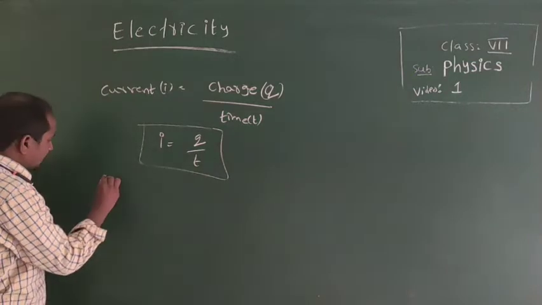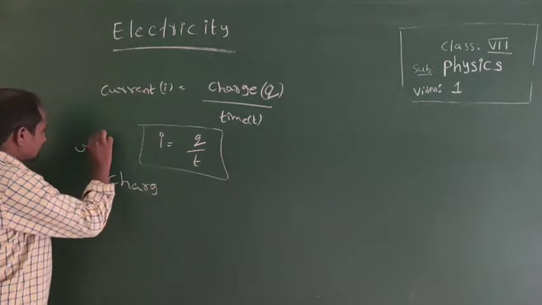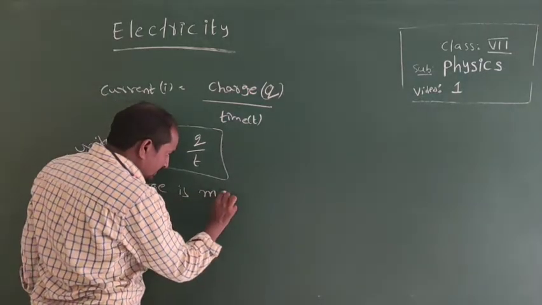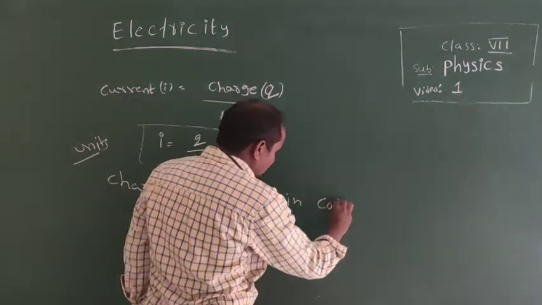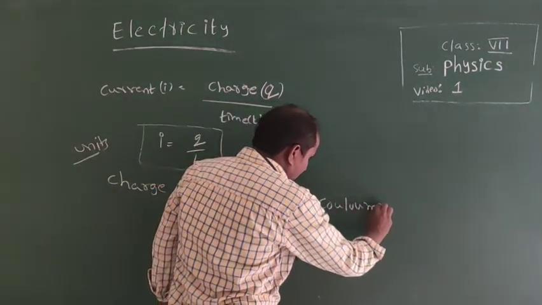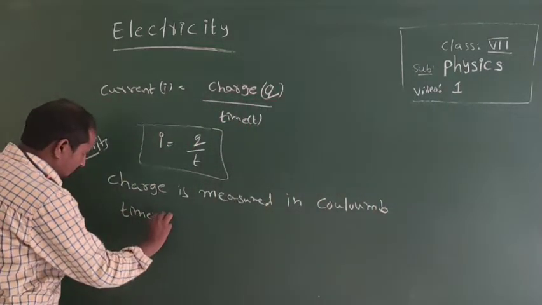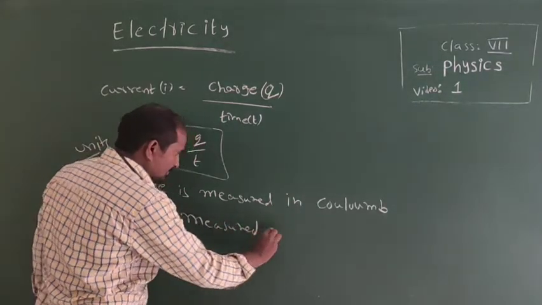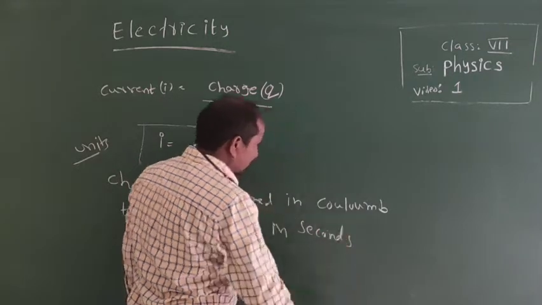Charge is measured in coulombs. Time is measured in seconds.